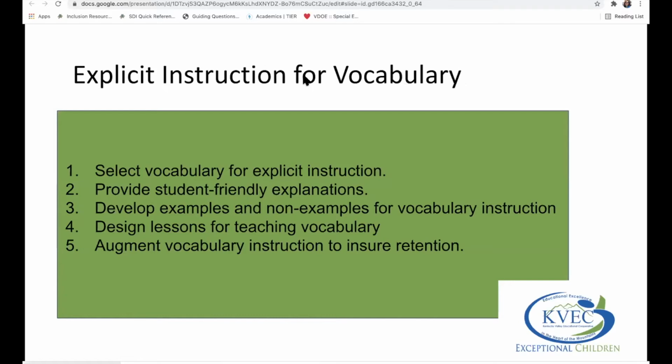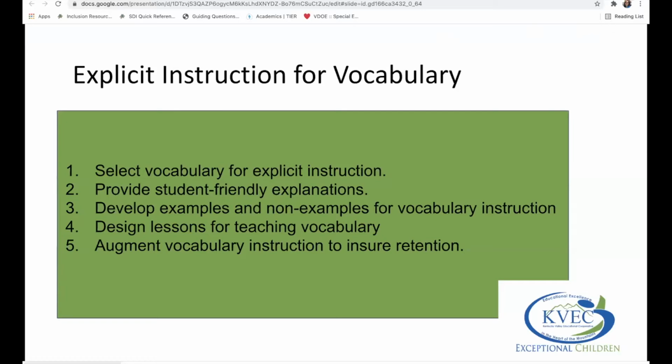Again, this is not the student choosing this. You are putting it in a student-friendly explanation. And the reason why you are doing this is there's parts of a definition that students will leave out. So don't have them create it. You need to create that. And then, of course, develop examples and non-examples.